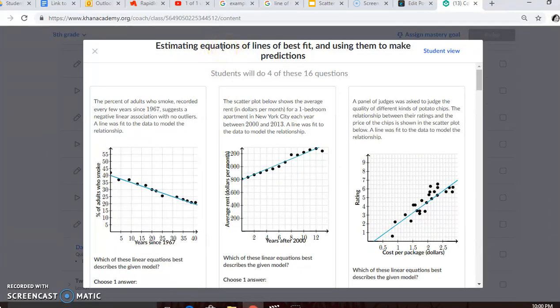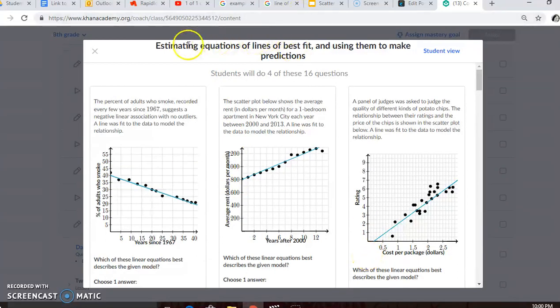Remember, it's going to be in the form of y equals mx plus b, where m is whatever number is in front of x. That's our slope. And b is our starting value or initial value. So b is wherever this line crosses the y-axis. This one would be down here somewhere.